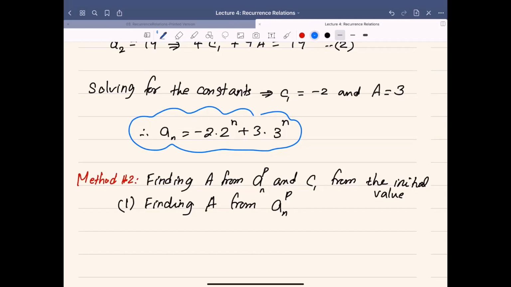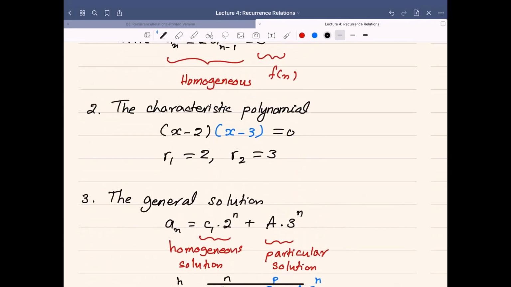And remember, anp is equal to A times 3 raised to power n. So what is the recurrence relation we have? We have an minus 2 an minus 1 is equal to 3 raised to power n. This is our original recurrence relation.